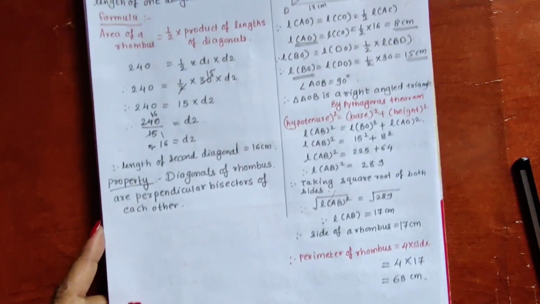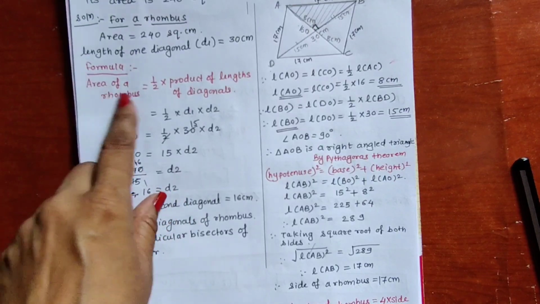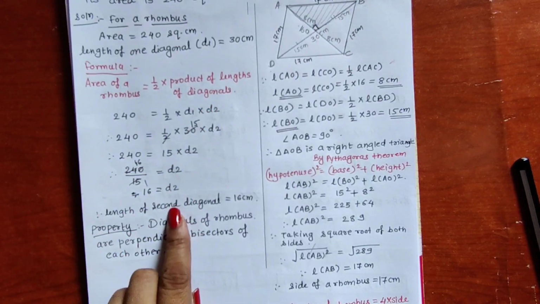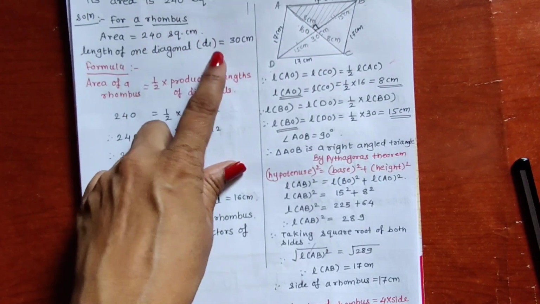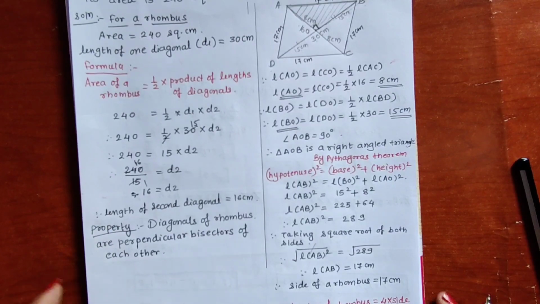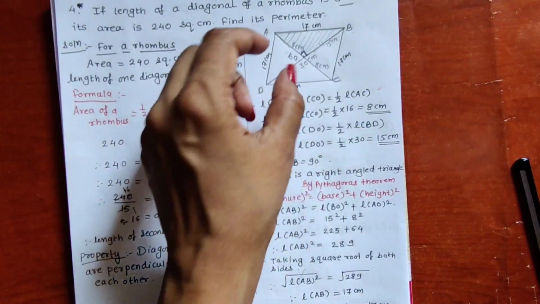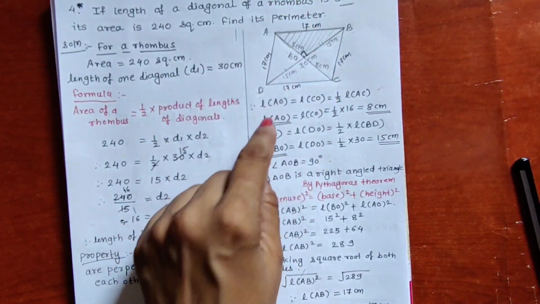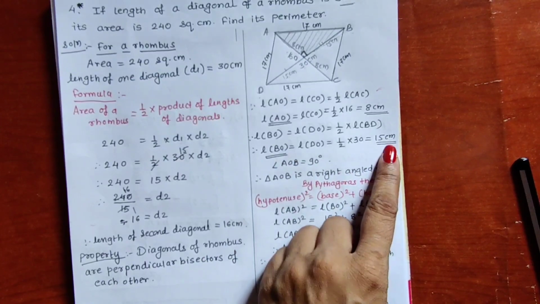So first we have to find the value of the diagonal. By applying the area of rhombus formula we can get the second diagonal, as the first diagonal is given and the area is given, and then we will be applying the property of diagonals of rhombus. We will solve the sum and we get the half diagonals, AO which is 8 centimeter, BO which is 15 centimeter.